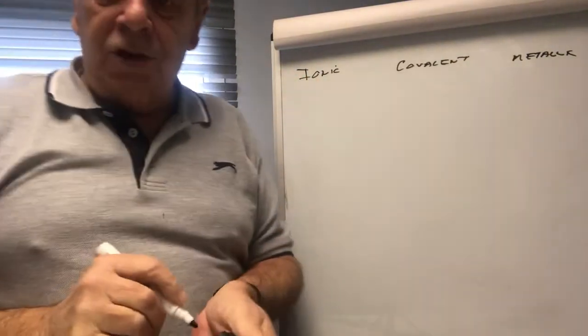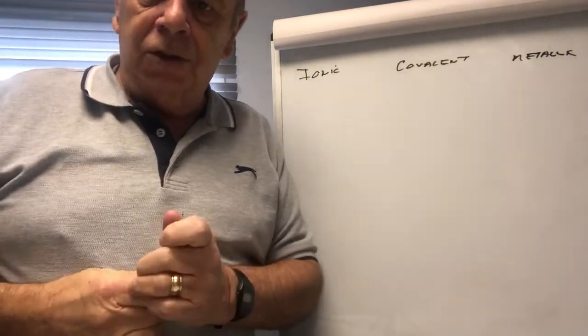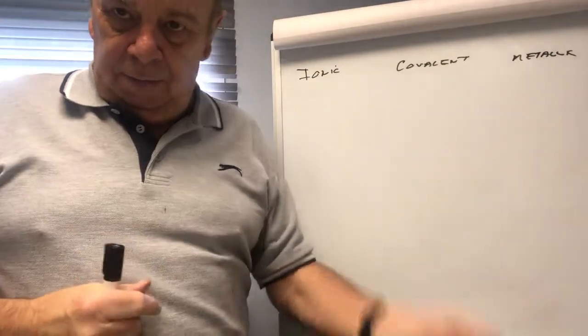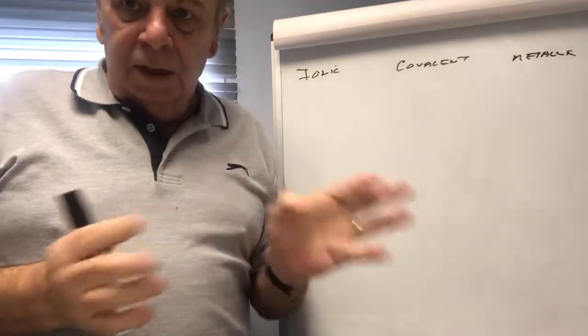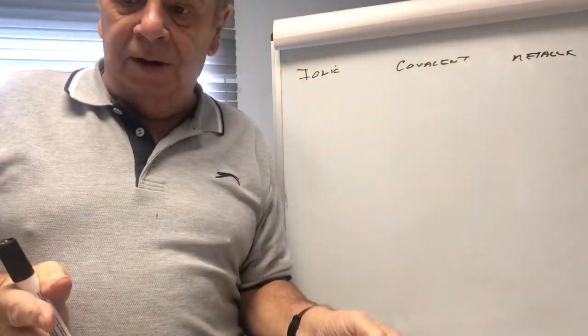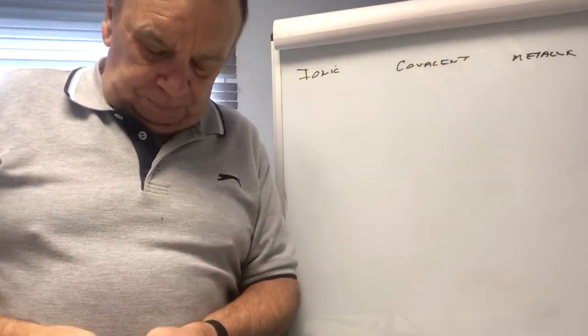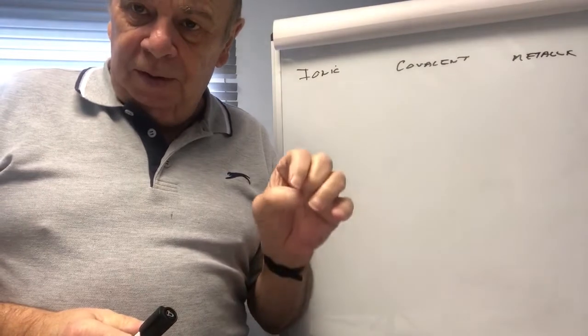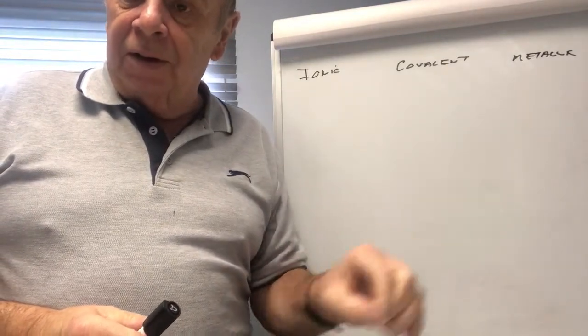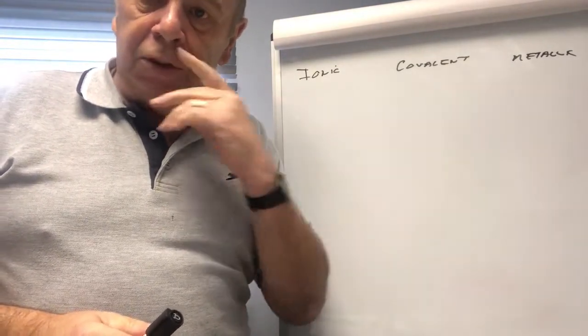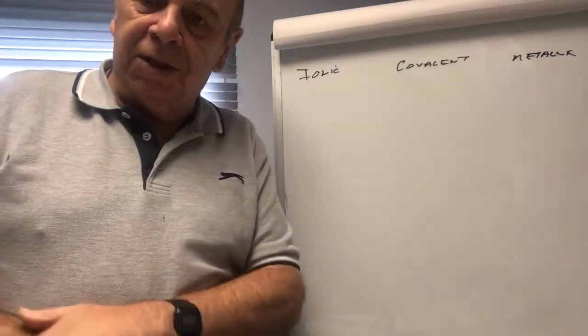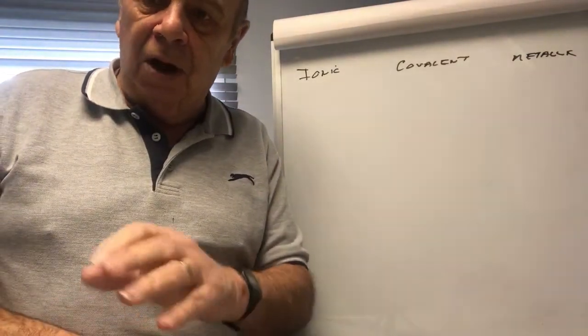Ionic compounds are formed when metals combine with non-metals. So if I took elements found in groups 1, 2 and 3, metals, they combine with the elements found in the non-metal groups, such as groups 6, 7, and 0.